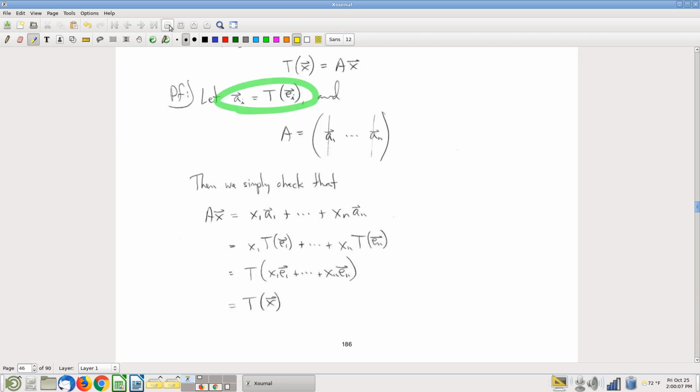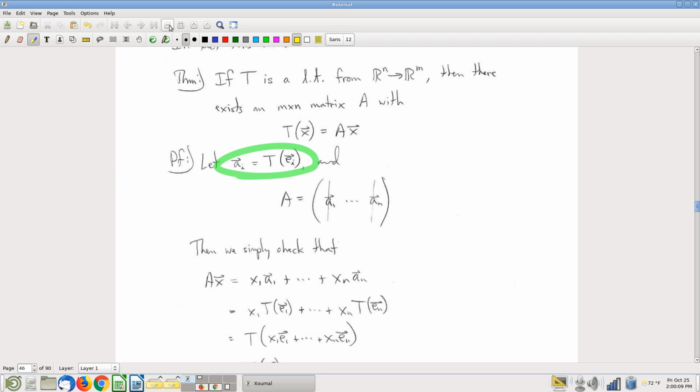And the reason why: first, it's important to know that if you're in a Euclidean context, every linear transformation is a matrix. Right? Every matrix is a linear transformation is old news. Every linear transformation is a matrix. And secondly, the proof is important because the proof tells us how to do it.